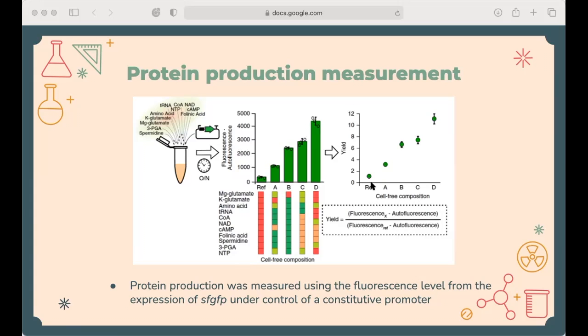To be noticed, the reference has a yield of 1 because the yield is calculated as the fluorescence of the current composition minus autofluorescence, divided by the fluorescence of the reference composition minus autofluorescence. The autofluorescence can be viewed as a background. As shown by this plot, different compositions result in different yield.